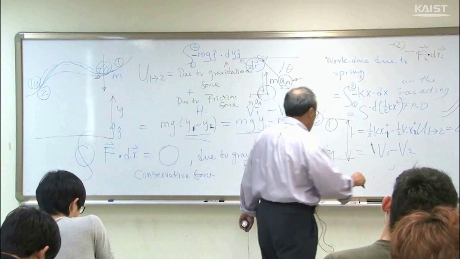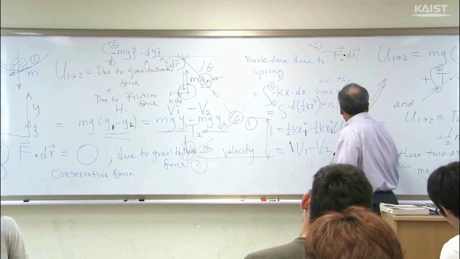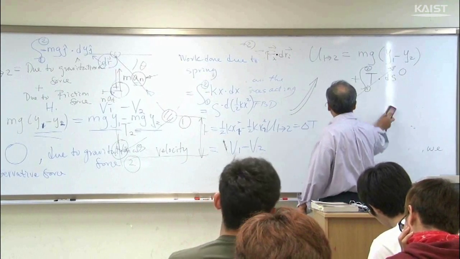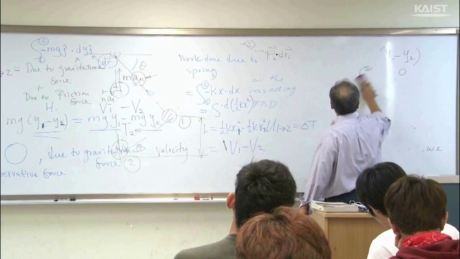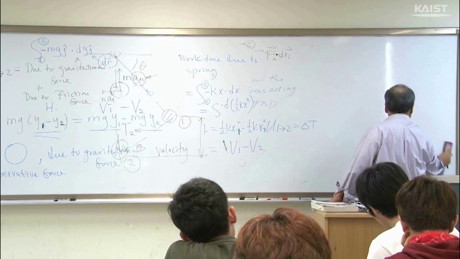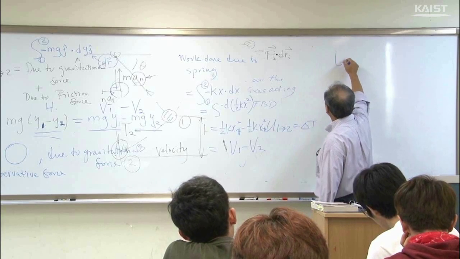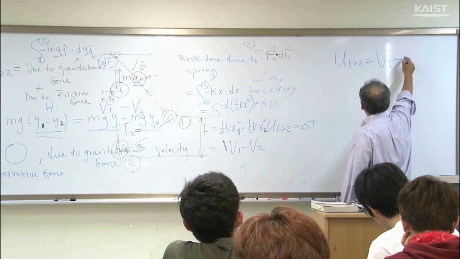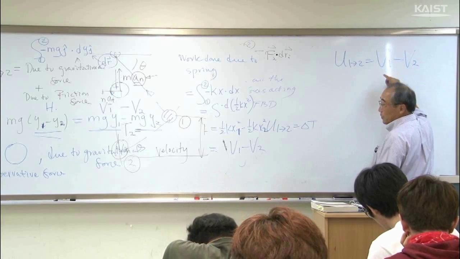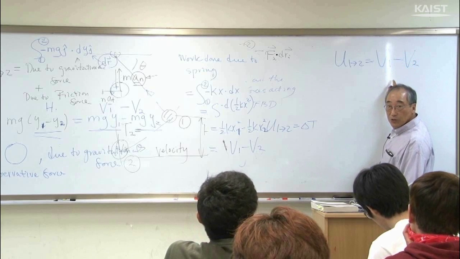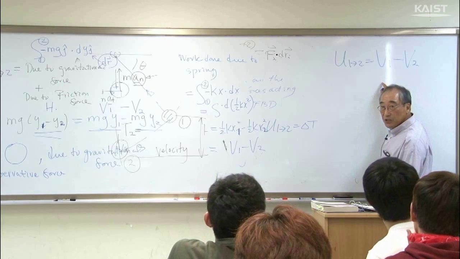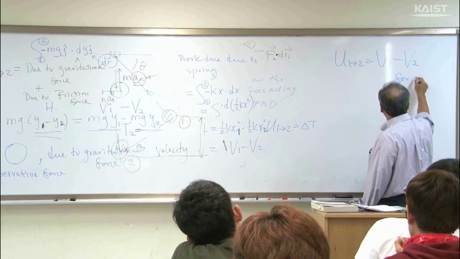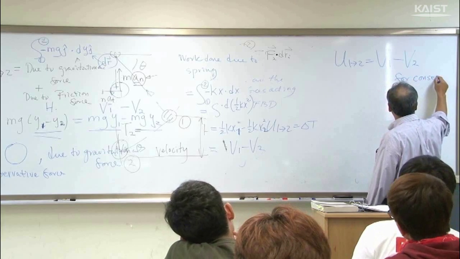So in this case, for the special case, work done is equal to the change of potential energy from 1 to 2. Note that this is not V2 minus V1 for a conservative force.